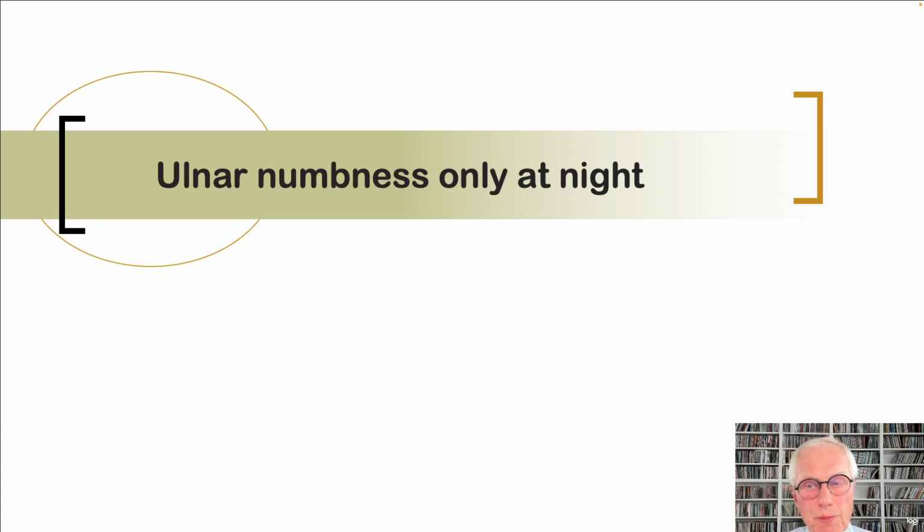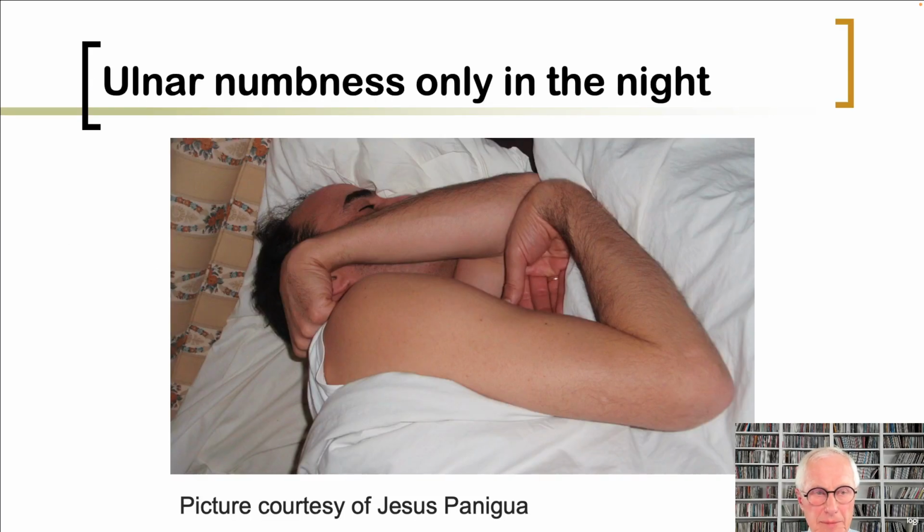Then we have a group of patients that come to us because they have ulnar numbness only at night, never during the daytime, but just at night. And we sleep in all kinds of funny positions, and very often with extreme flexion of the elbow in various positions. And this gentleman will probably have numbness of both hands, both ulnar side of the hands.